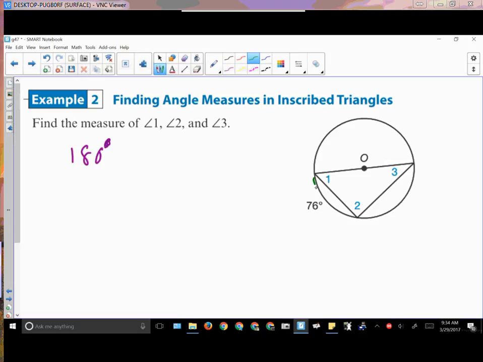This here is 76 degrees. So what should this angle measure here be? Half of that, which would be 38. So if I subtract off 38 degrees, I would be left with, was it 142?